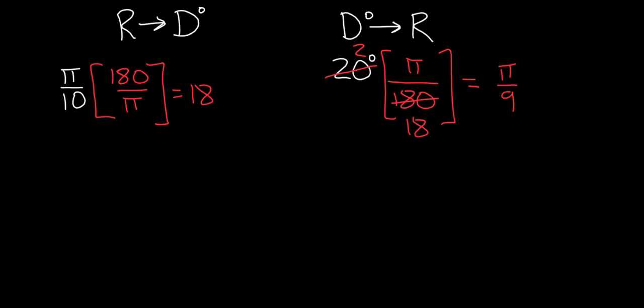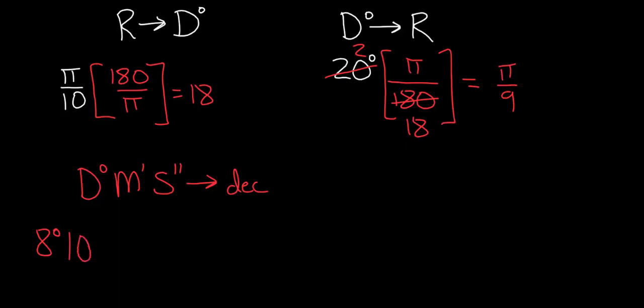Okay. Now, also remember, we've got degrees, minutes, and seconds, and decimals. So let's look at degrees, minutes, and seconds, and we want to convert that to decimals. Okay? So let's suppose that we have 8 degrees, 10 minutes, and 4 seconds. Whoops, what am I doing? Look at that notation. Okay, there we go.